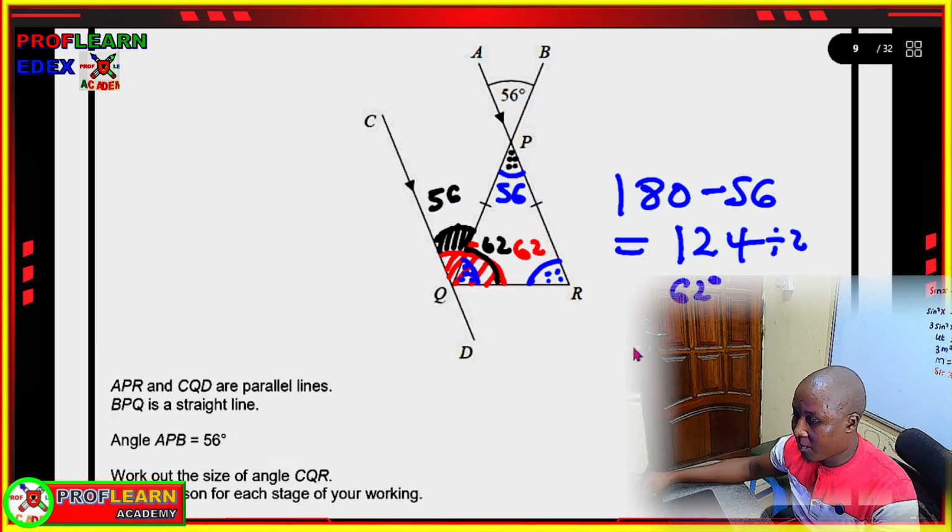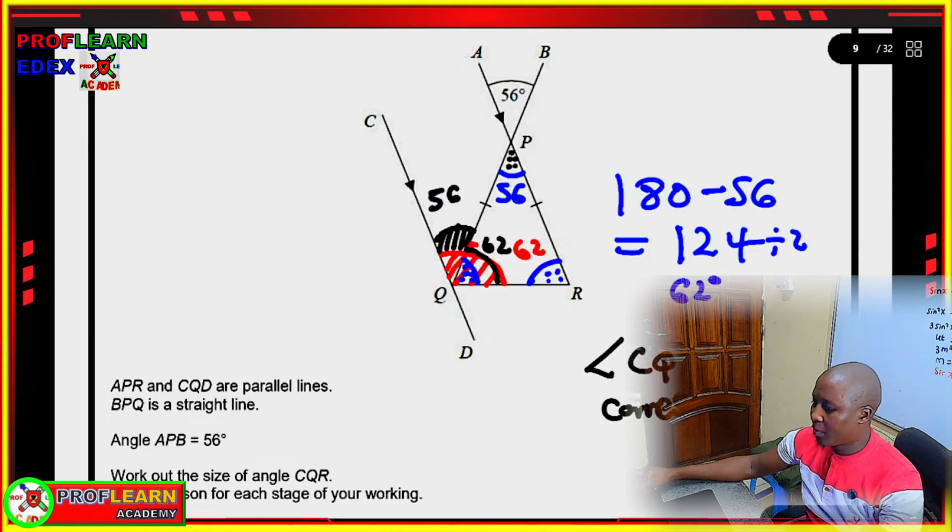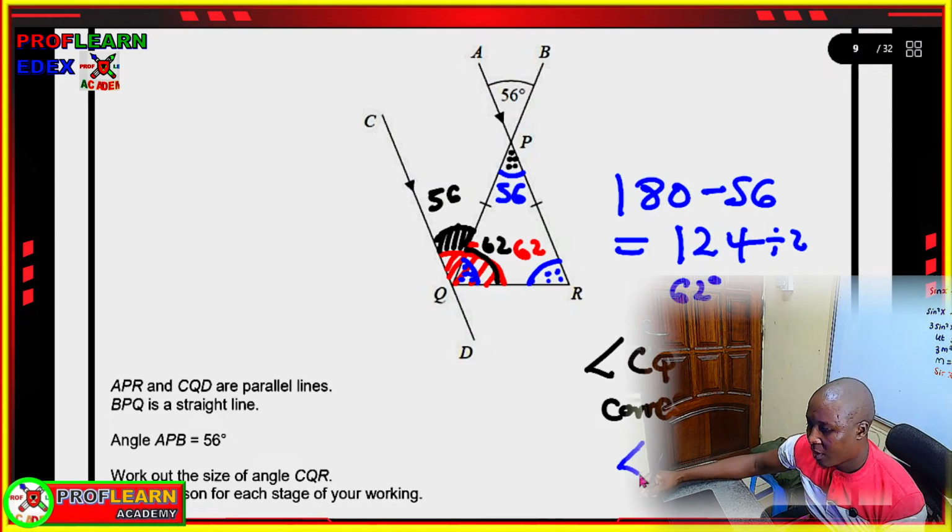So we are going to say angle CQP is equal to 56 because it is what? Corresponding to which angle? Angle QPR.